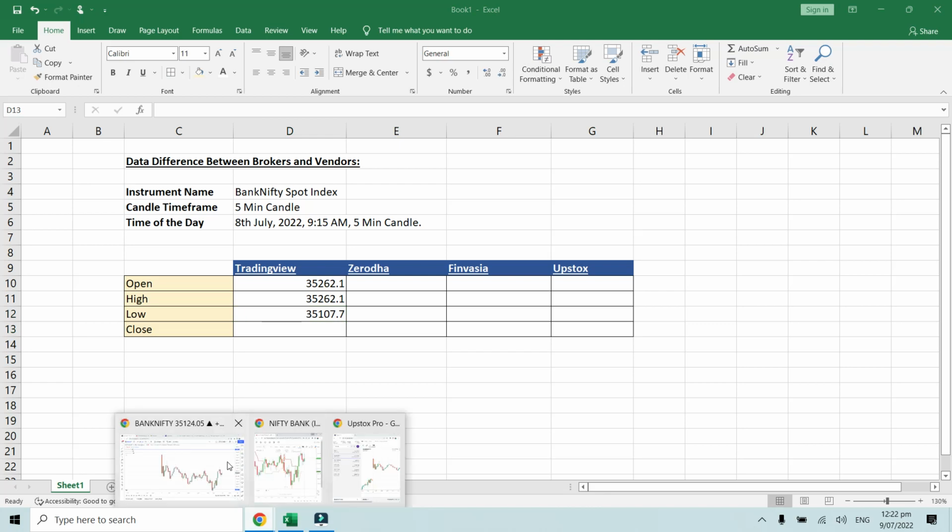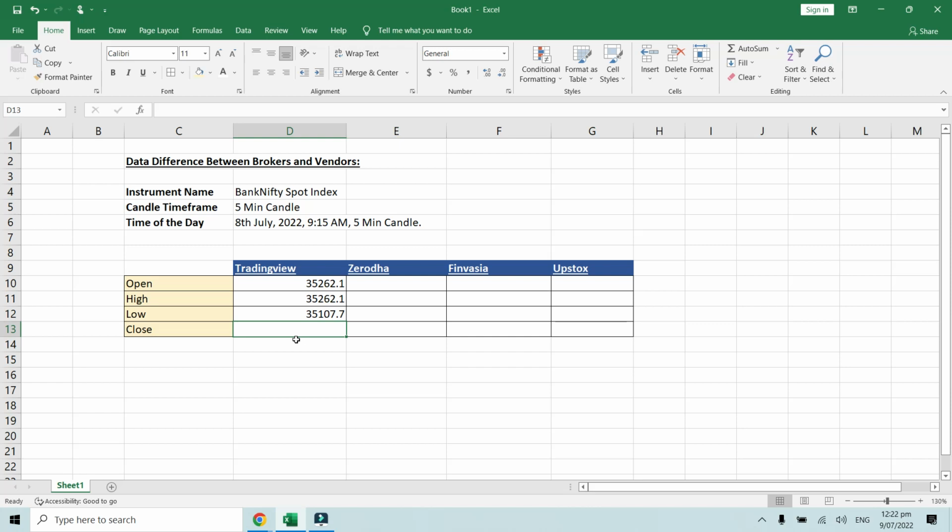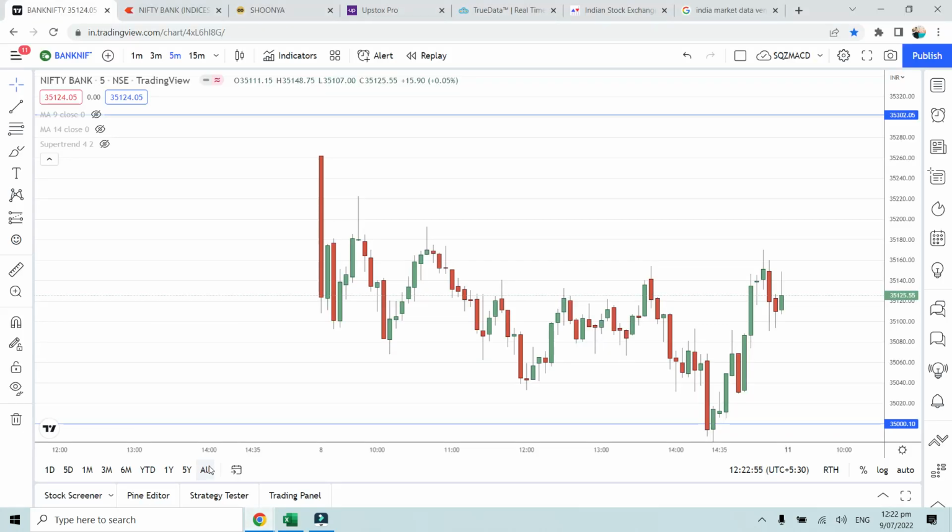And the close value is 35,123.70. So this is basically the data from TradingView for the first 5-minute candle on 8th of July.